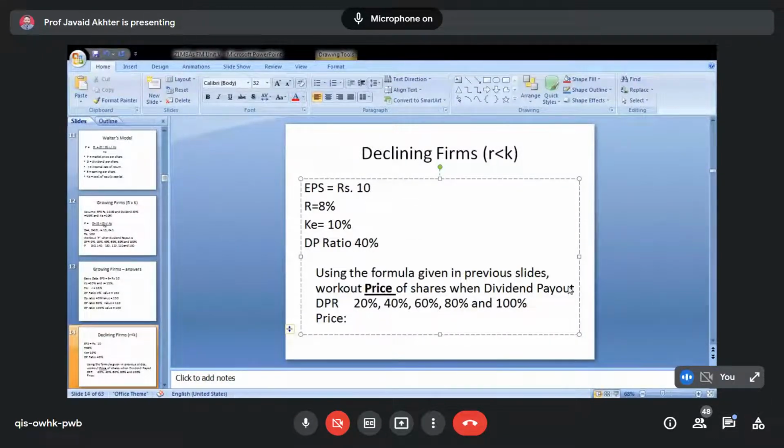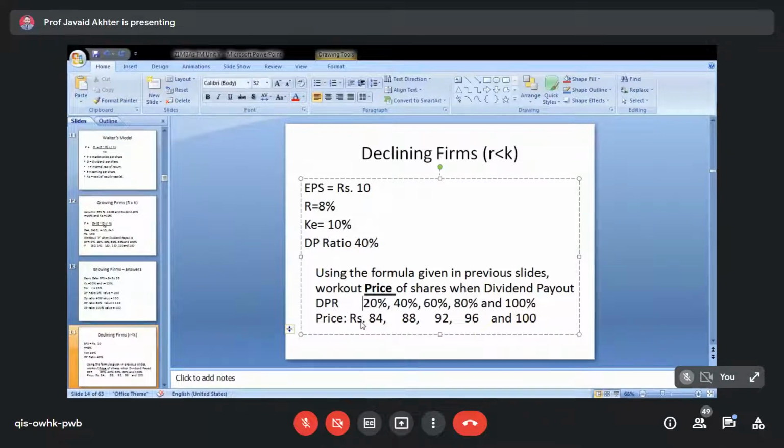Then 88, then 92, then 96, and 100. These are all rupees, correct? And these are dividend payout ratios, in percentage.